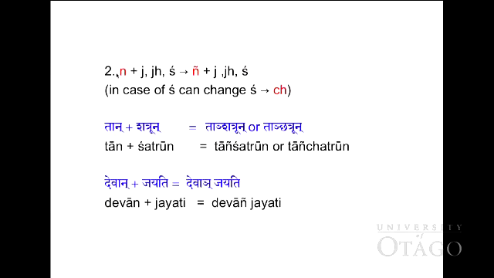The second rule: n followed by j, jh, and ś. So change n to ñ. Such as tān, śa, trūn. So you can change to tāñ śa, trūñ, or change ś to ch, that is tāñ cha, trūñ. Devān plus jayati, change n to ñ, it will be devāñ jayati.